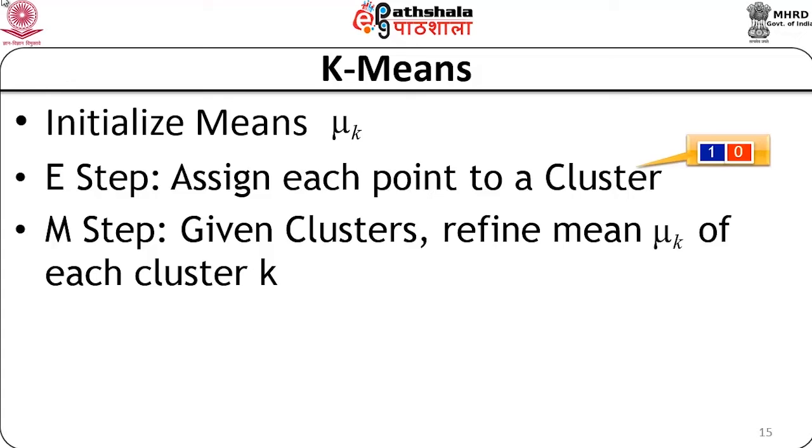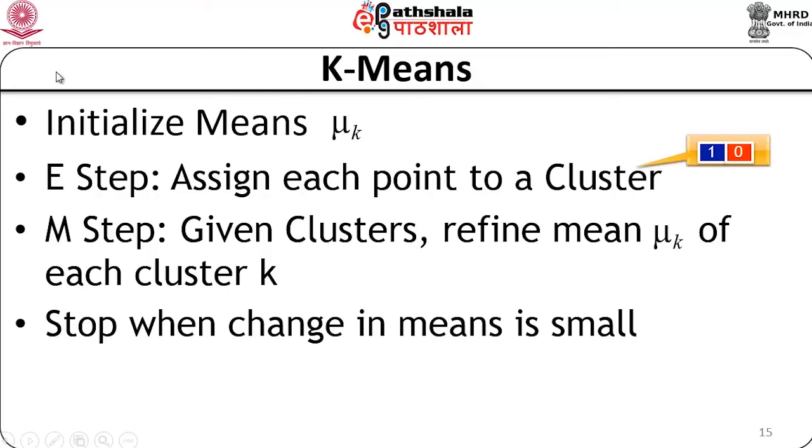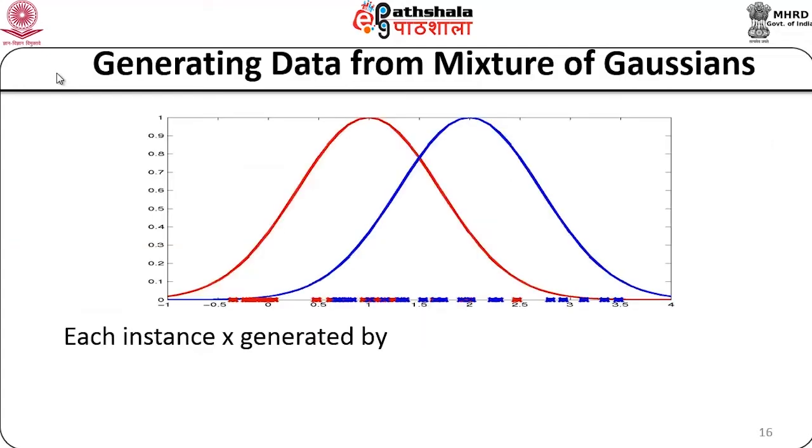What we do is randomly select some centers, then assign each point to the cluster depending upon how near it is to the center, and then given the new clusters, re-estimate the value of mu. This will stop when the change between the mu's is minimal. So, this is the step that we keep on doing. Okay. So, you go from this to this.